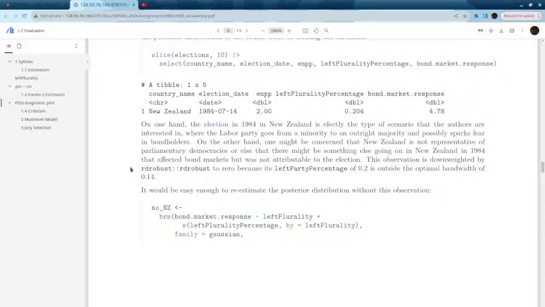So it's at least something to look for, and it would be easy enough to just re-estimate your model without that one observation and see how much the results change, in which case they would be an even smaller estimate of the posterior median without that one observation.